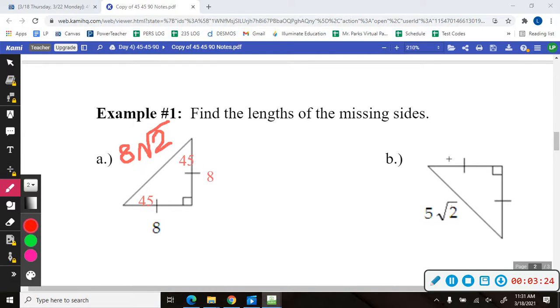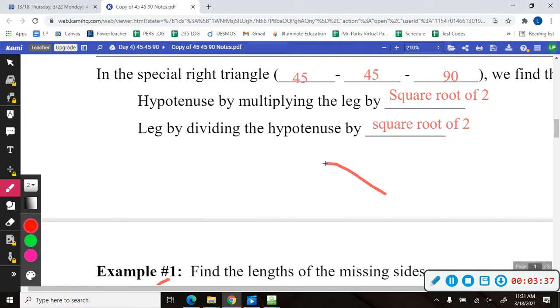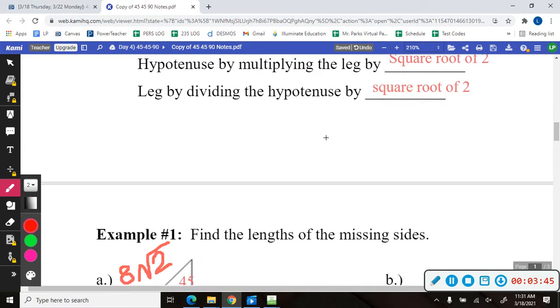Next, by looking at this diagram, 90, those are the same. These have to be 45, 45. So we start with the hypotenuse. They want us to find the leg. So you find the leg. You find the leg by dividing the hypotenuse by the square root of 2.